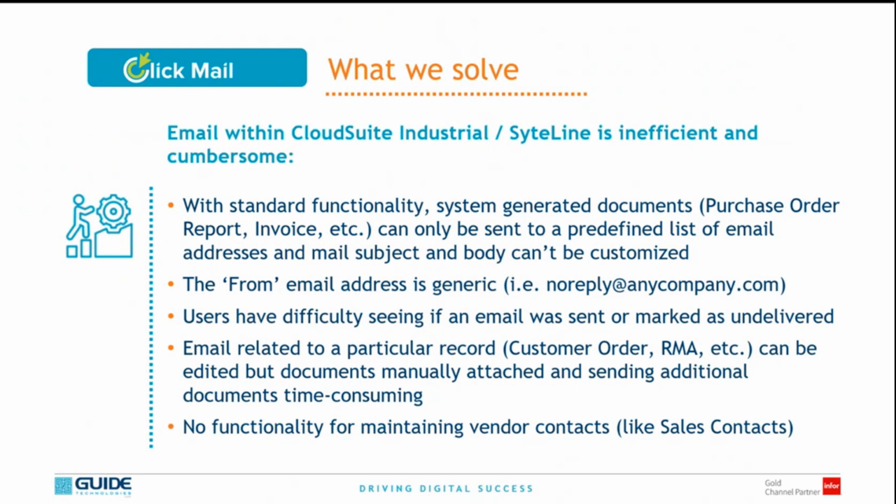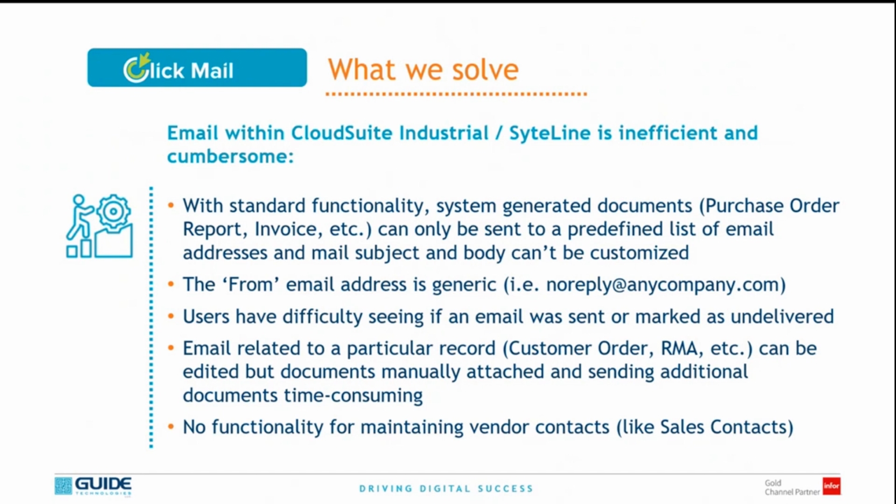Some of the challenges that we run into, the why people are spending so much time, is the from email address is generic. It's a no reply. It's a system generated email address that can be tough to get through to the people that are your intended audience. And the tailored message, right?